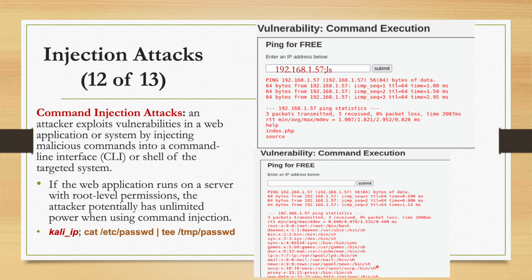Okay, and you get additional information. So what's going on here? This command will display the content of this file, which is part of the Linux operating system, on the web page, and also copy the content of this file into this particular file under the temporary directory here.